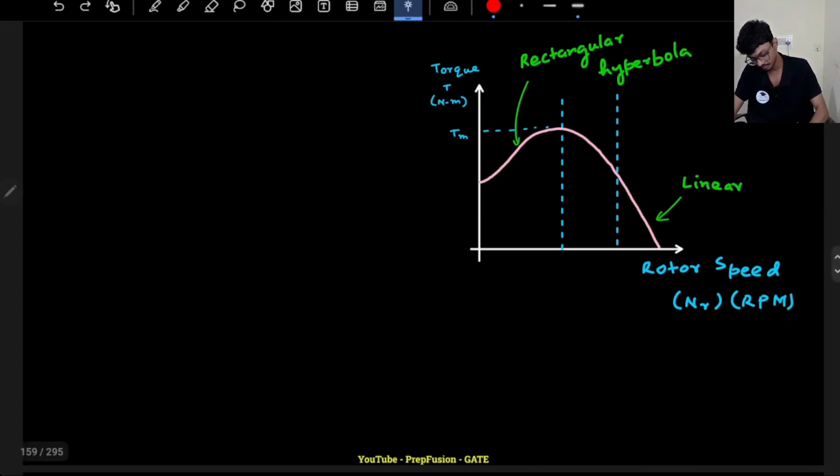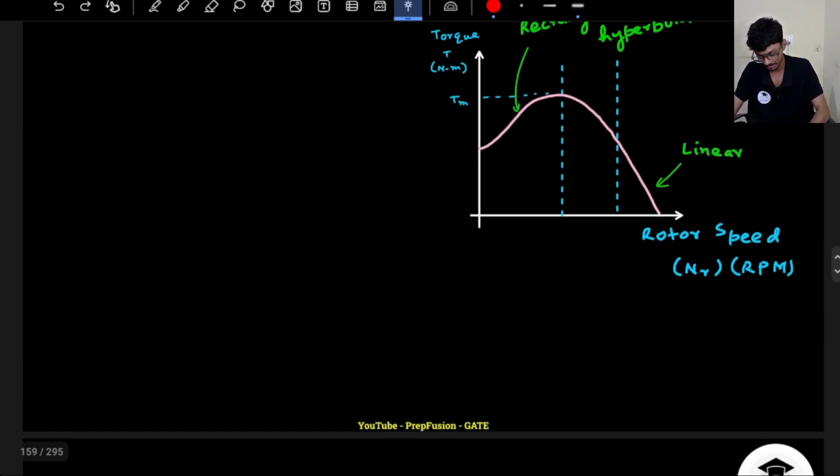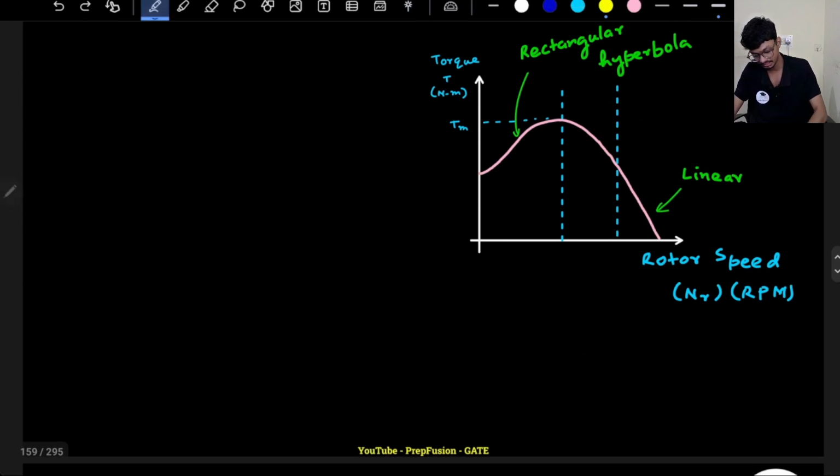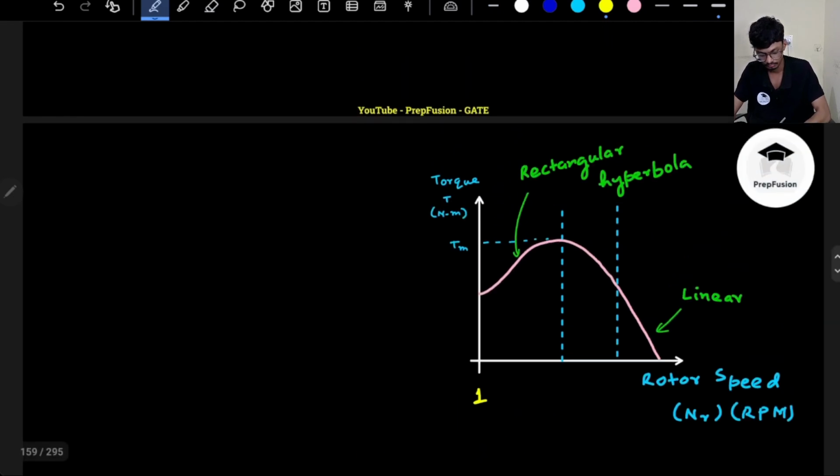What will be the graph for the slip? If rotor speed Nr is 0, what is the value of the slip? The value of the slip is 1, correct? So here the slip is 1, the highest slip region.